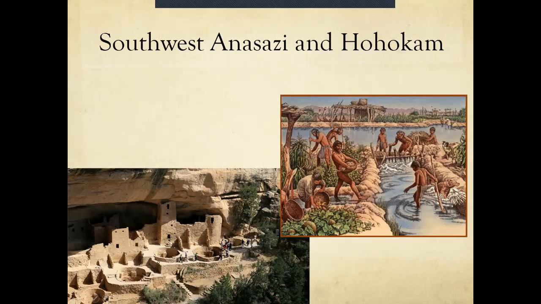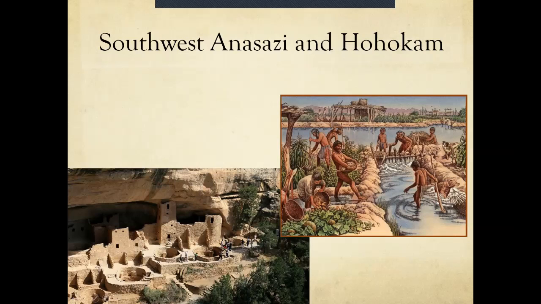And this is at Chaco Canyon, which is in what today is New Mexico. And you can see these people, to give you an idea of the scale, these are people who were touring Chaco Canyon. These were apartment buildings where different groups of people would be living in the Chaco Valley, and they even had indoor plumbing.